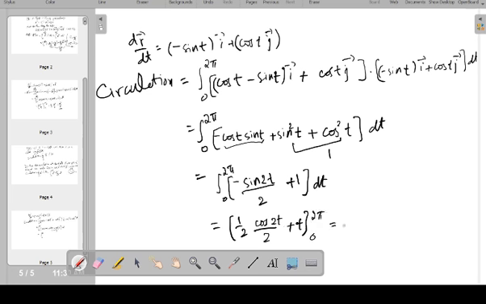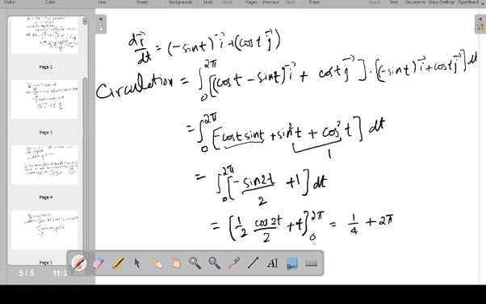So what I will get? What is cos 2 into 2 pi? So what is cos 4 pi? Cos 4 pi is 1, right? So 1 by 4 plus 2 pi.